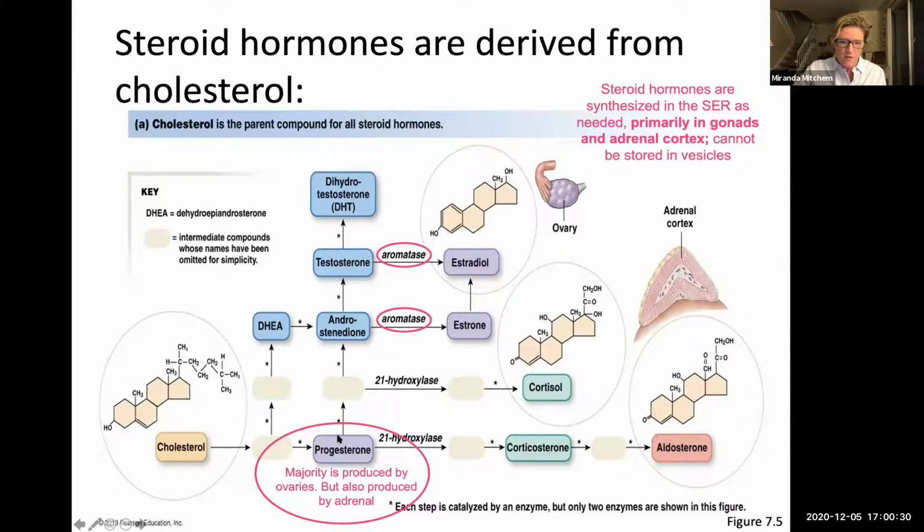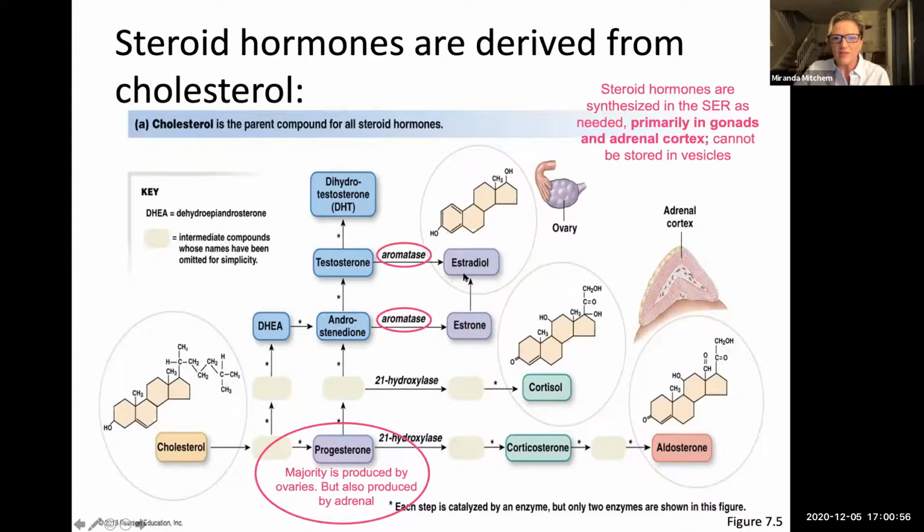Progesterone can also follow another pathway where it is converted into testosterone, and then into, furthermore, another hormone, dihydrotestosterone. So testosterone is converted into estradiol, and this is through an enzyme.